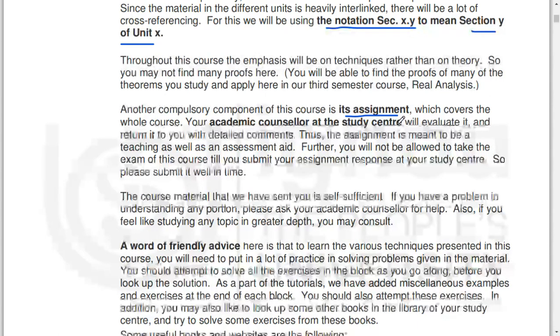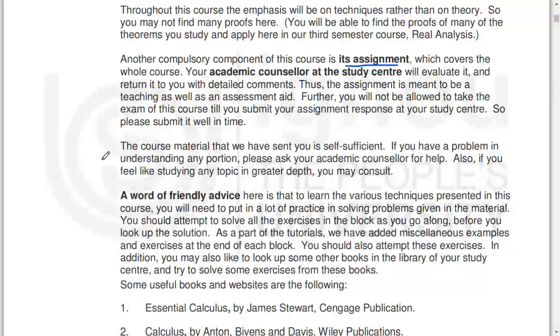Further, you will not be allowed to take the exam of this course till you submit your assignment response at your study center. So please submit it well in time. The course material that we have sent you is self-sufficient. If you have a problem in understanding any portion, please ask your academic counselor for help. Also, if you feel like studying any topic in greater depth, you may consult other books.